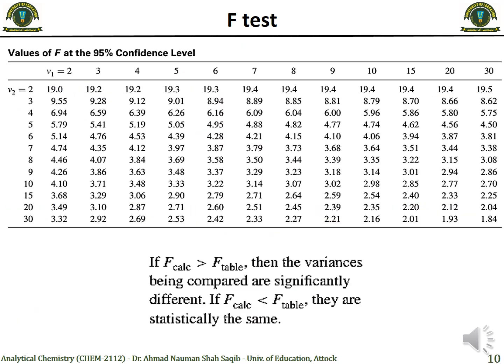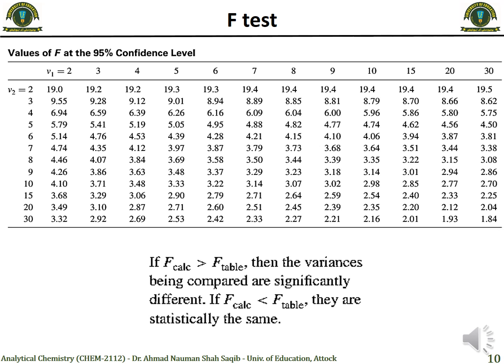The table I mentioned in the previous slide shows F values at 95% confidence level, with v1 and v2 being the degrees of freedom. We calculate the F from our given data and then compare with this table.